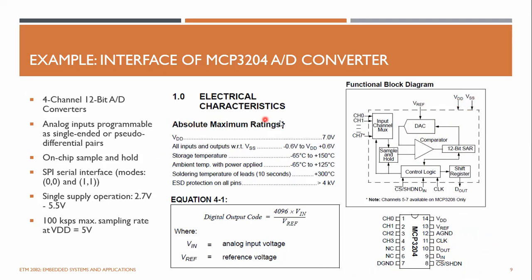And when you read the data sheet, these are the absolute maximum ratings, which means you should not go beyond these values. Then you cannot use your device any longer, right? The device will fail. So the maximum supply voltage that you can apply to VDD is 7 volts. And when you're providing signals from an external device, like the clock and the input nodes, you have to keep these voltages from going below minus 0.6 and not go over VDD plus 0.6.